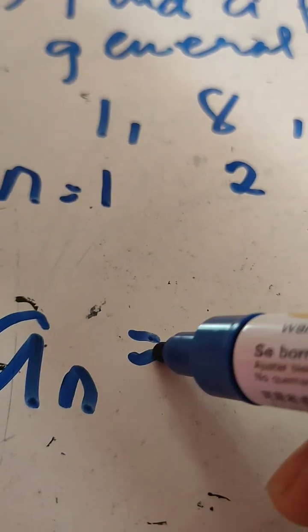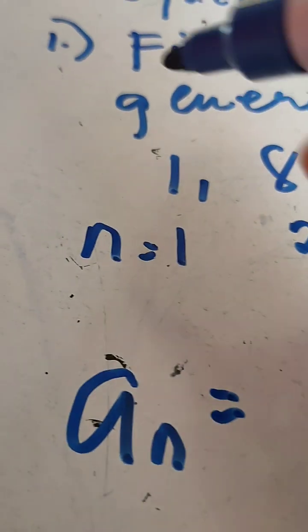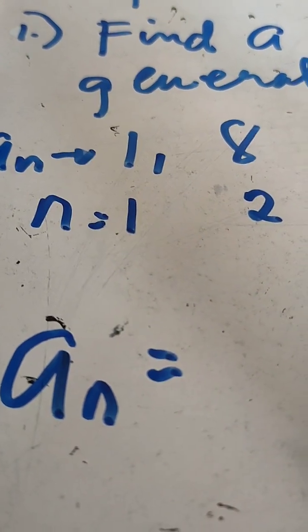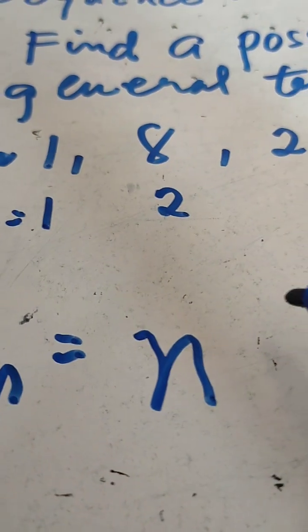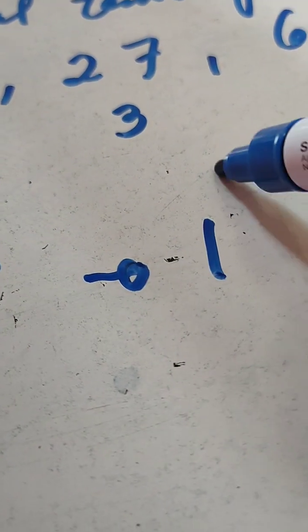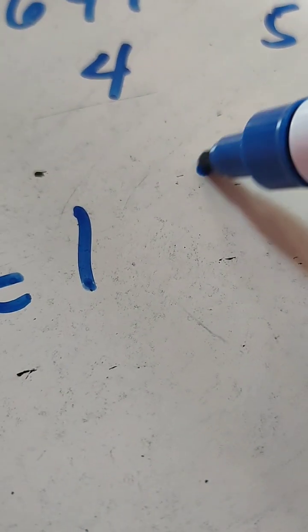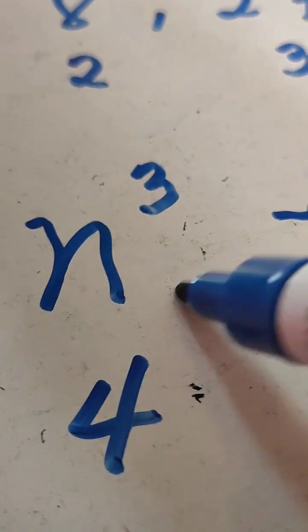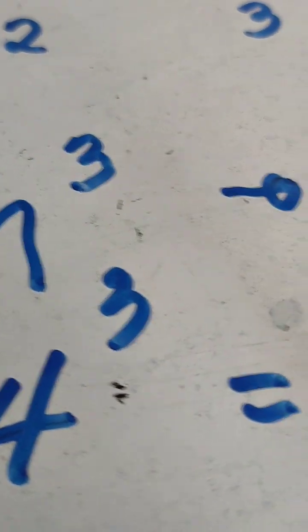Using a sub n as our general term, you can say that a sub n is simply n raised to the power of 3, because 1 cube is 1, 2 cube is 8, 3 cube is 27, 4 cube is 64, and 5 cube is 125.